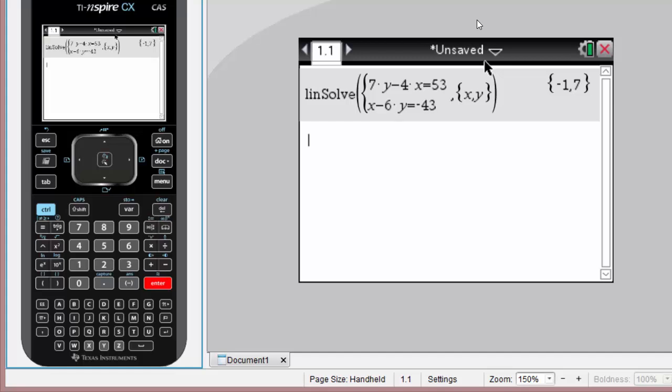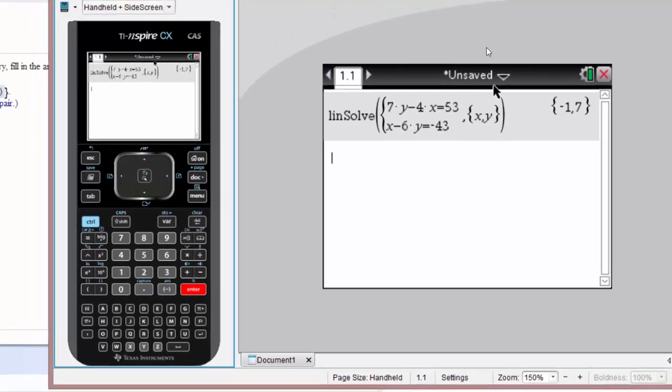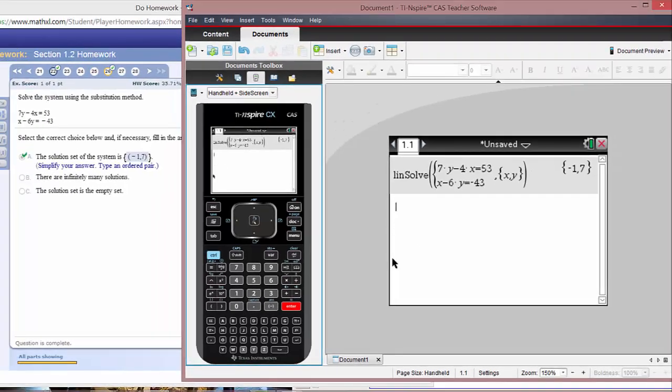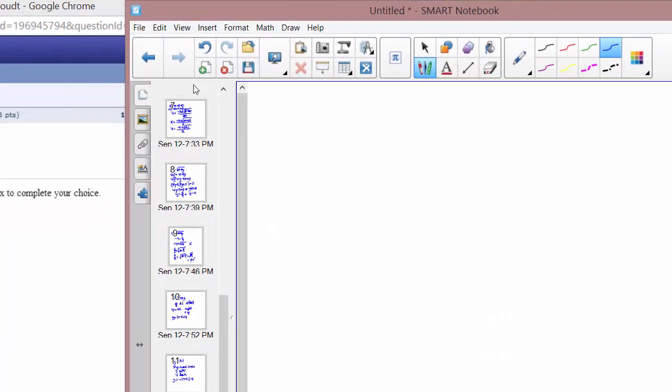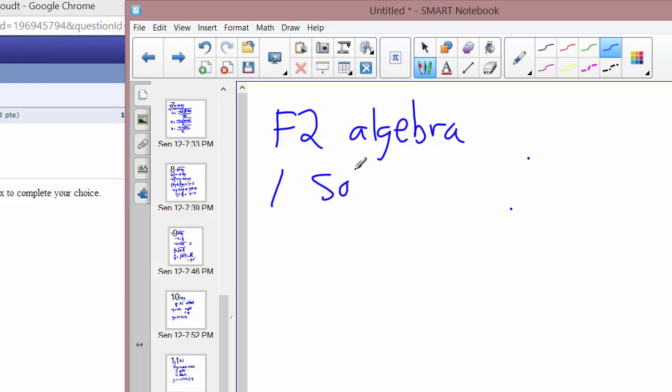Now I can't project a TI-89 on the screen here, so let me just show you what the command would be. So we want to use the F2 algebra menu. And then we want to solve an equation. So we'll choose option 1, solve. And that pastes solve into the command line.